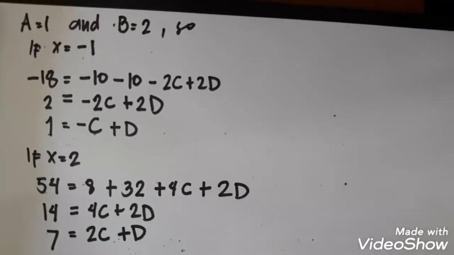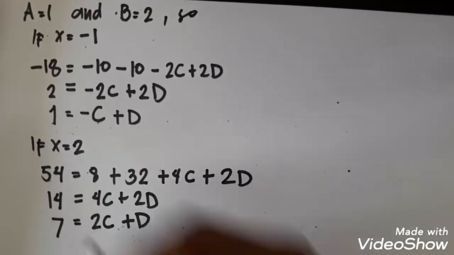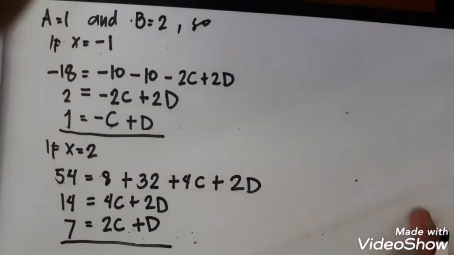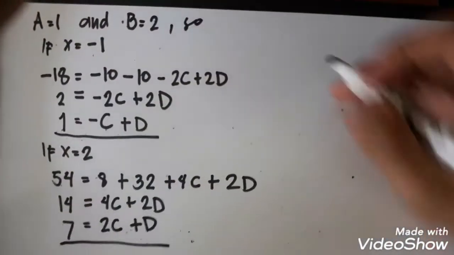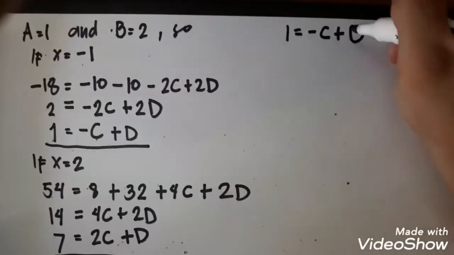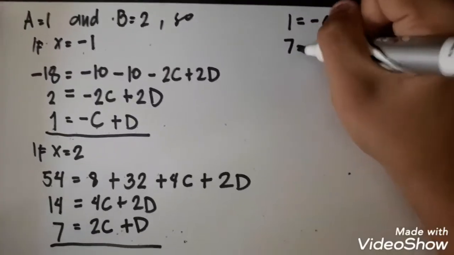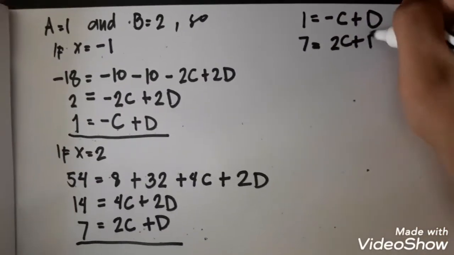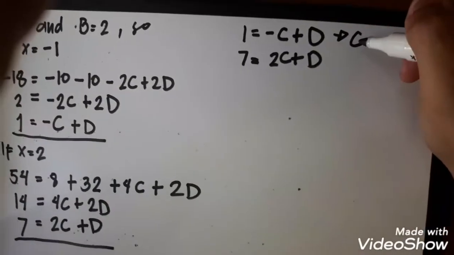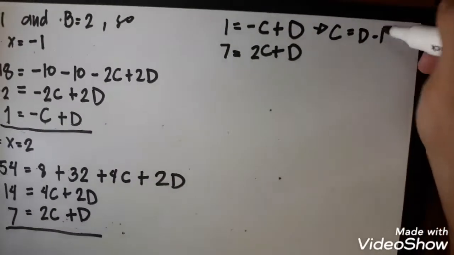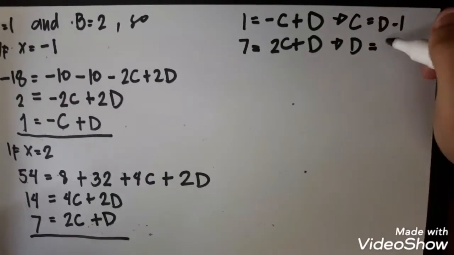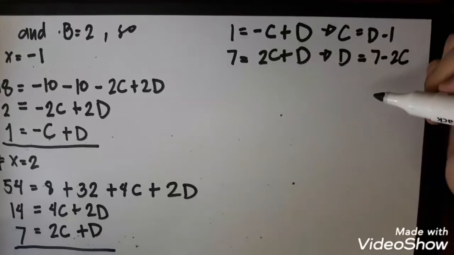So next, solve the system, this one and that one. If 1 equals negative c plus d and 7 equals 2c plus d, then d is equal to c plus 1, and this one is d equals 7 minus 2c.